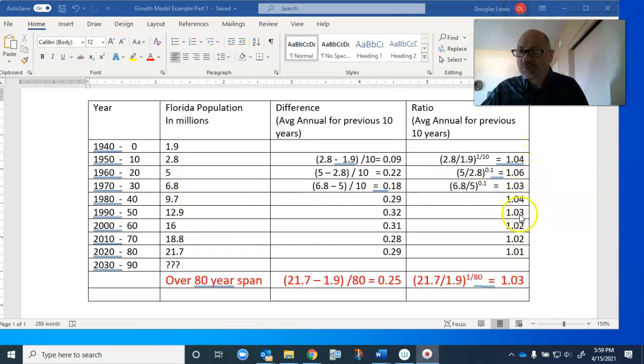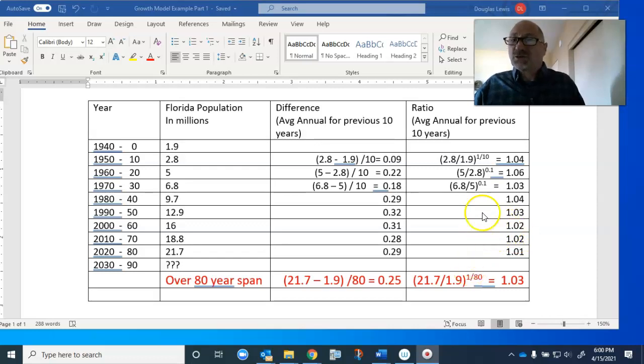Now those are a lot more consistent, aren't they? This is 1.04, 1.06, 1.03, 1.04. See, these are much more consistent. This is not perfect, but I think it looks better than this overall. Now at the end, these look pretty good, and these look okay, but these you can see are getting smaller, and I'll comment on that at the end of the lesson.